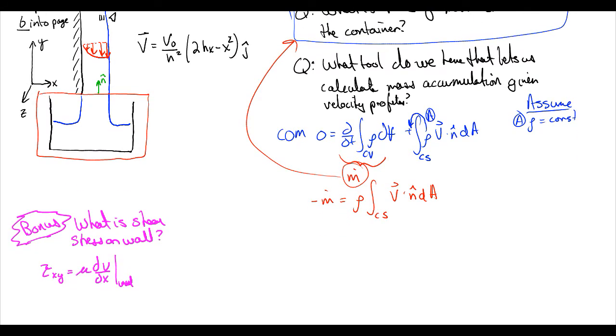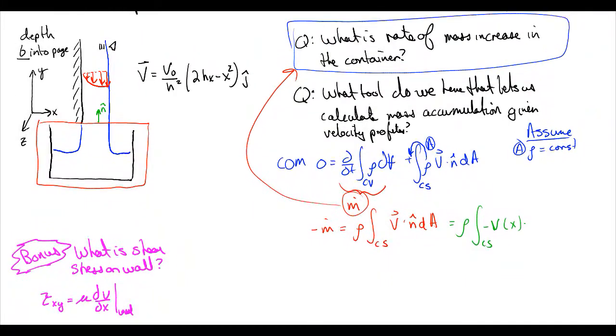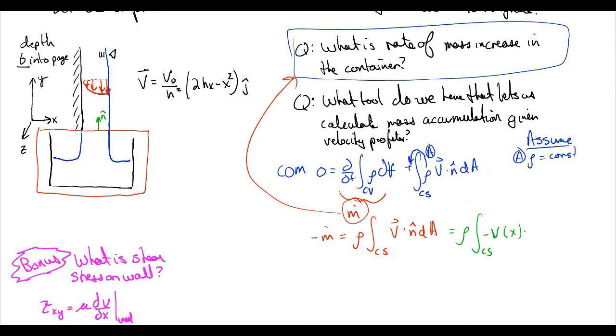And if you remember from our mnemonic from the last lecture, fluid is entering our control volume, so it is a negative value. So we can rewrite this as rho times the integral over our control surface of negative v as a function of x, dA.